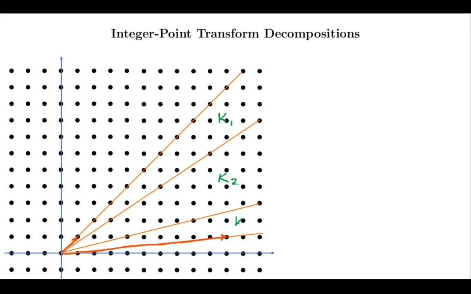let's say like this. And then for some reason or other, I don't quite know how to compute the generating function of my original cone, but I can somehow compute that from the generating functions of my smaller cones.